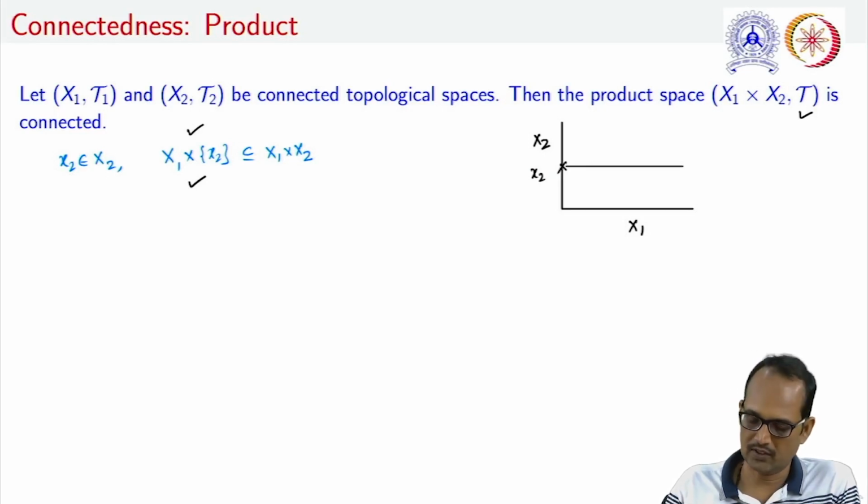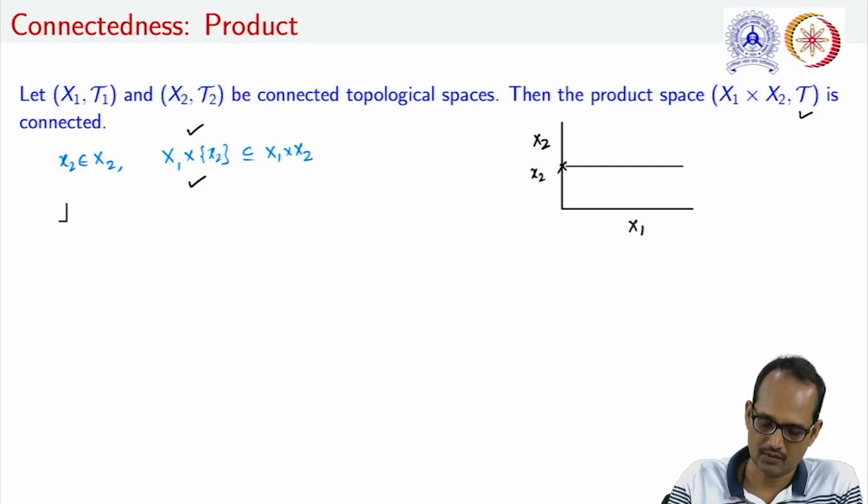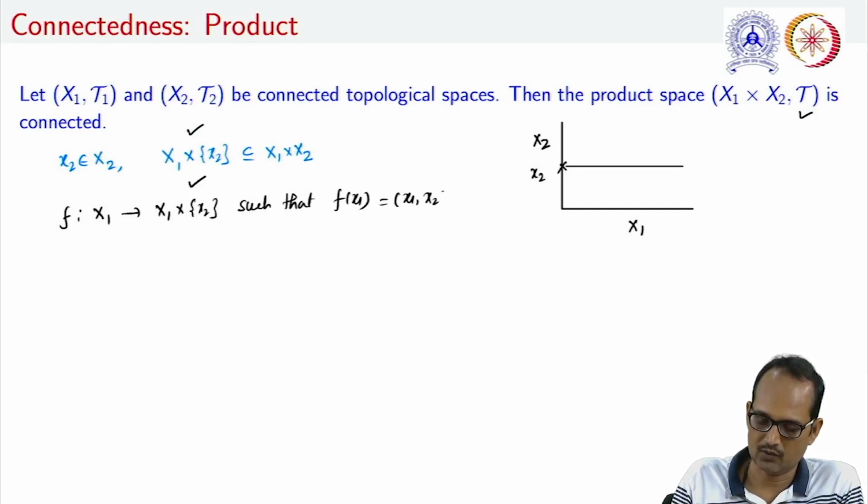It is to be noted here that we can define a function f from X1 to X1 × {x2} such that f(x1) is equal to the ordered pair (x1, x2).